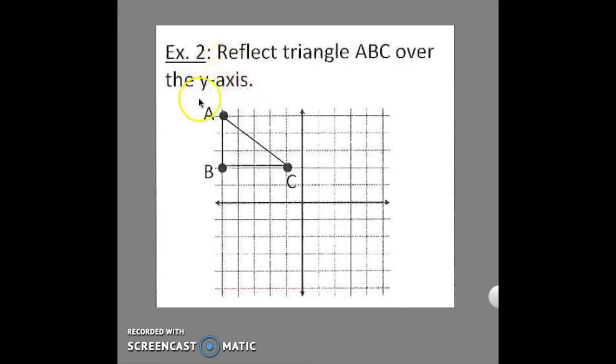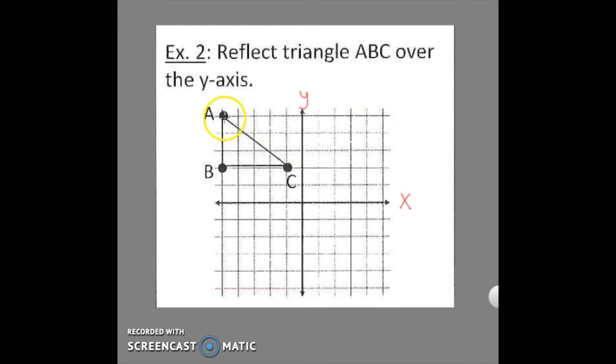So earlier we performed a reflection over the x-axis. Now we're going to perform a reflection over the y. So let me go ahead and label that for you again. So here's my x, here's my y-axis. So we are going to take triangle ABC and reflect it over the y-axis.